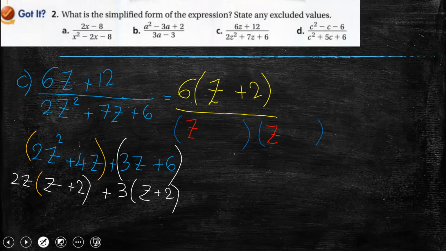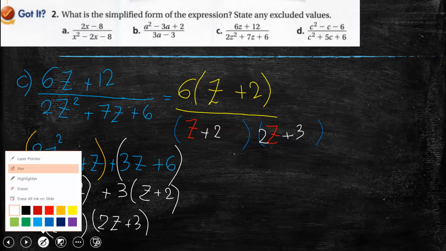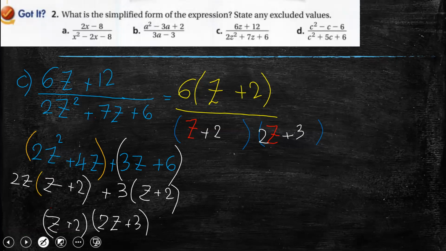Then take z plus 2 as a common factor. We have 2z plus 3. Bravo. So here, the two common factors are z plus 2 and 2z plus 3. Can you remember it now? Yes, teacher, now I remembered it.